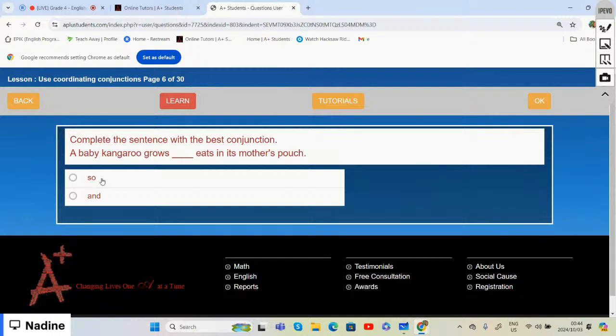All right, let's do the last one. It says a baby kangaroo grows. Do we say so eats in its mother's pouch, or do we say and eats in its mother's pouch? Which one is correct? This is the last one.